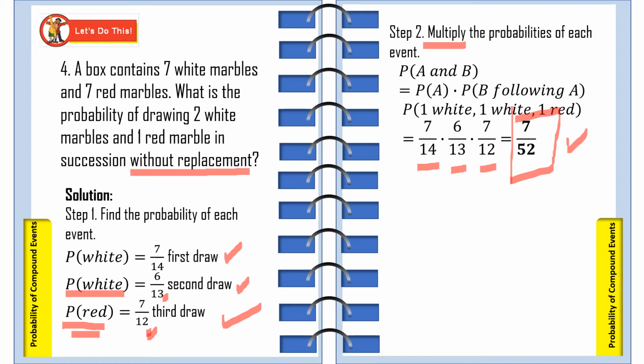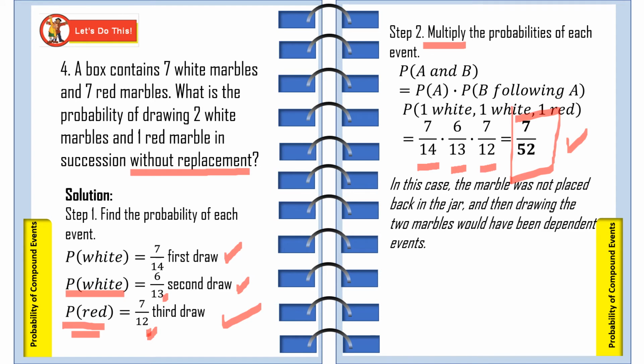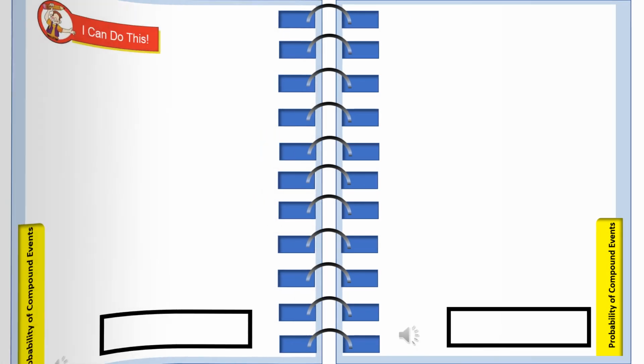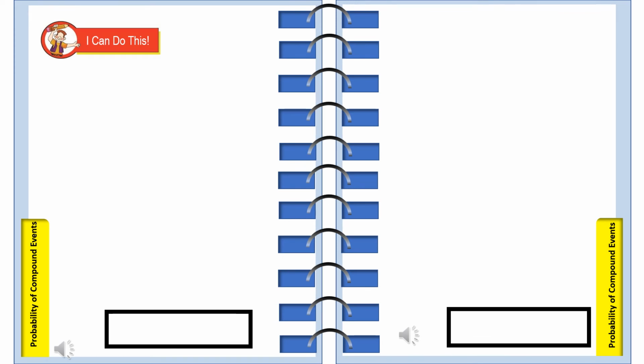Okay? So, that's how we solve problems under dependent events. Okay, so nandito tayo sa I Can Do This part. So, tingnan natin kung naintindihan at meron tayong sapat na knowledge at understanding sa mga ginawa kong examples kanina.